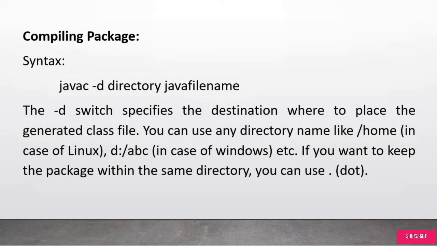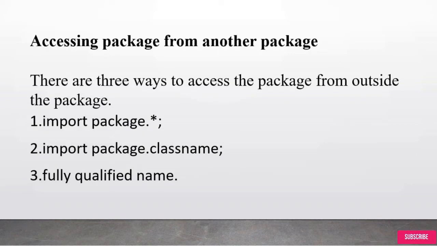Now, accessing a package from another package. There are three ways to access a package from outside the package. The first is importing the package using the asterisk symbol, that means star. When you use the asterisk character in the import along with the package name, every file that is available in the package will be imported into your program.